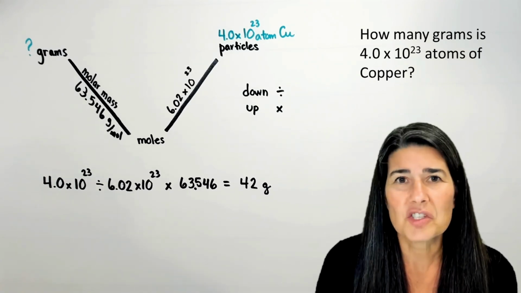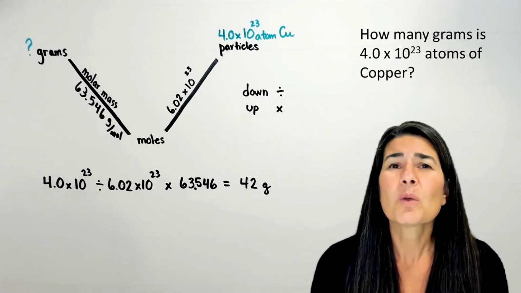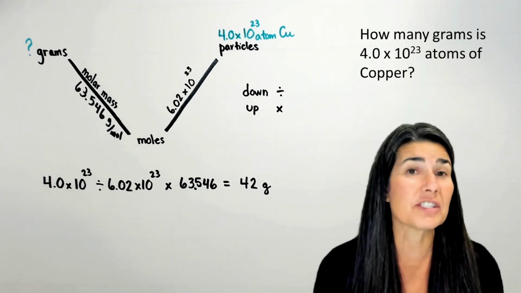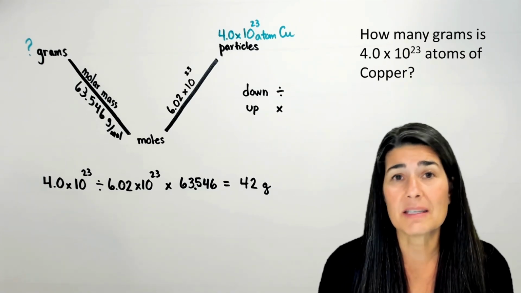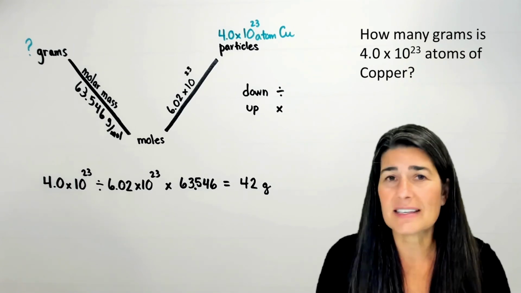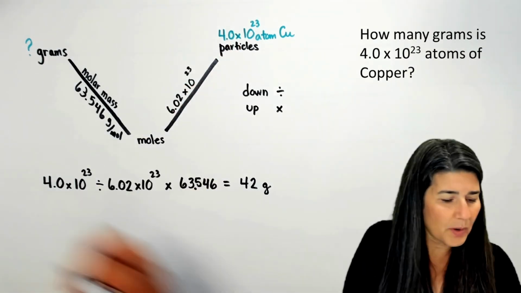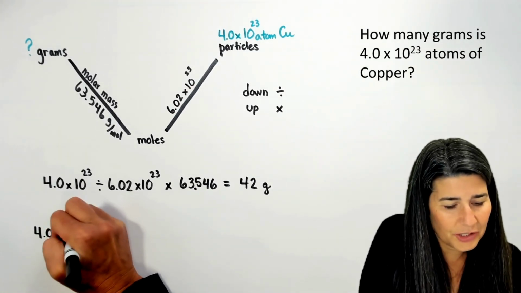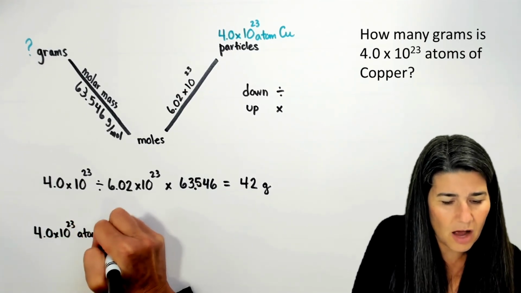But what if you have a teacher who says, no, you have to show every single one of your steps? Well, we can use this map to help guide us or double check our work. So what if I was going to do this with dimensional analysis? It's exactly the same thing. Start with your beginning number, 4.0 times 10 to the 23rd atoms of copper.